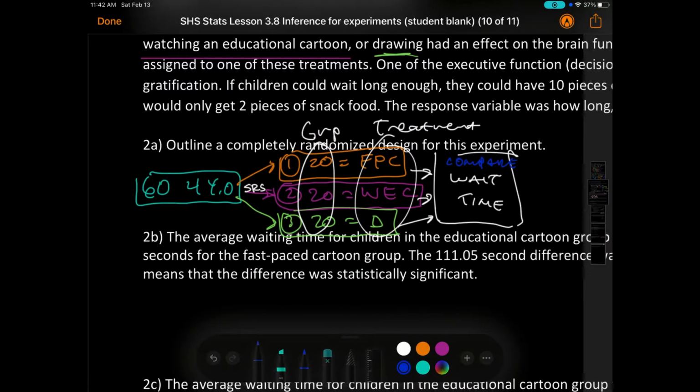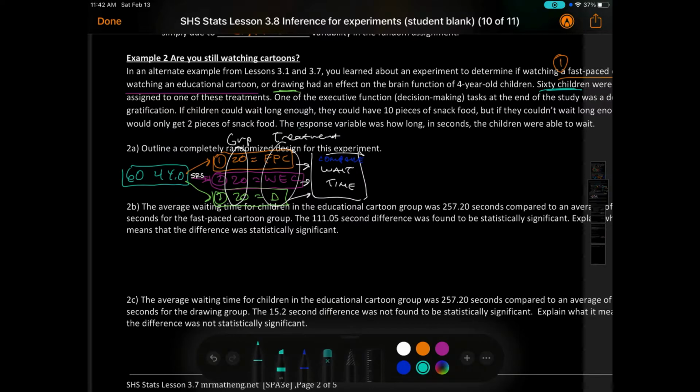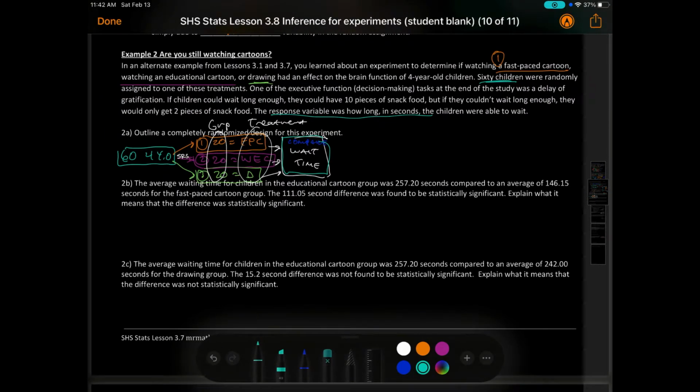But that's what they were comparing, the wait times. That was the response variable. That was this box right there. Okay, let's do 2B. The average waiting time for children in the educational group was 257.20 seconds, compared to the average of 146.15 seconds for the fast pace.